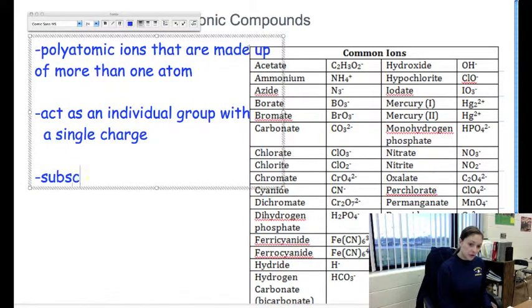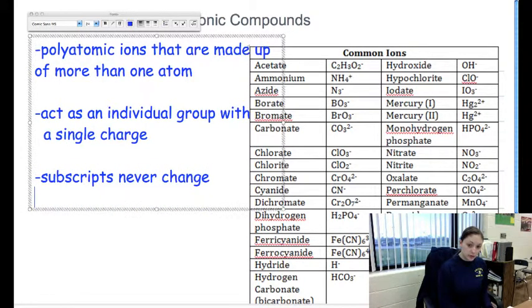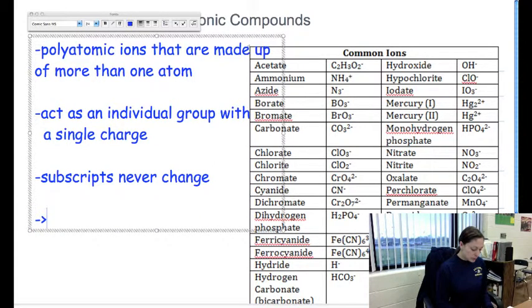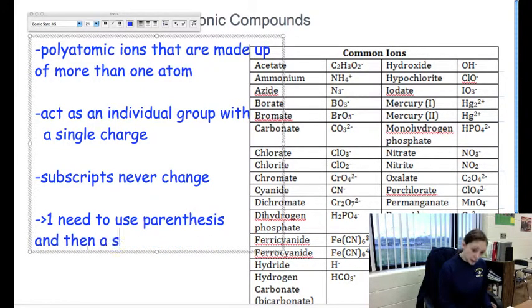The subscripts for these never change. They're part of a group. If you need more than one in a formula, you need to use parentheses and then a subscript.